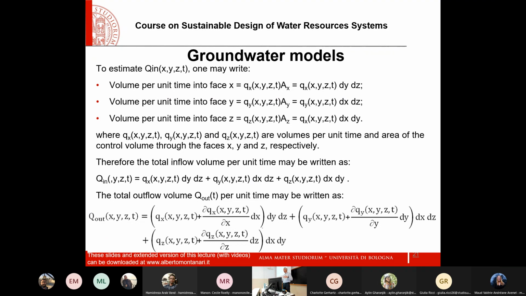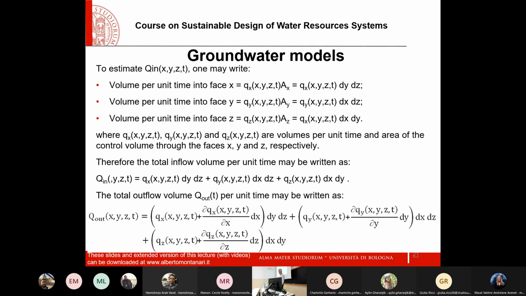It depends on the 4 coordinates, again, because even if it's along the X direction, if you change the coordinates, you have the flow along the X direction changing, times the area of the face that is orthogonal to the X direction, which is given, look at the far right side, by Y times Z. The area AX of the face along the X direction is given by Y times Z.